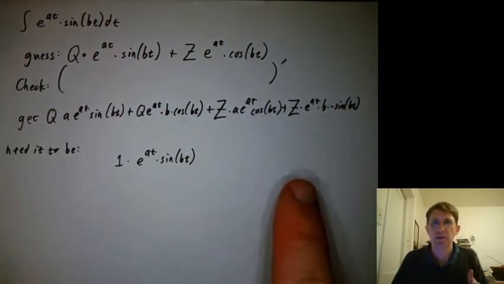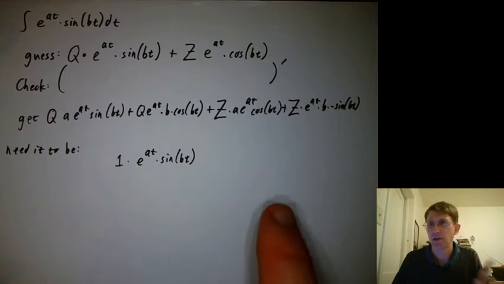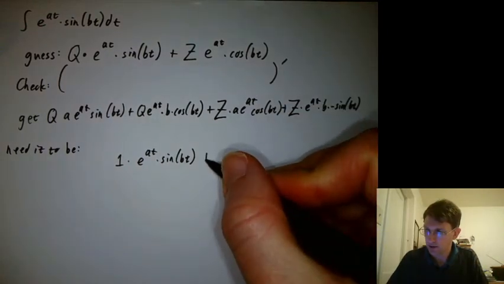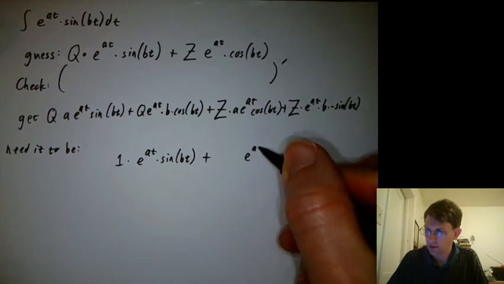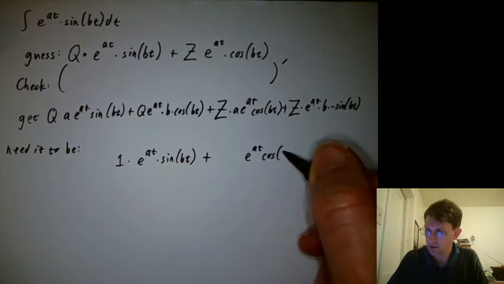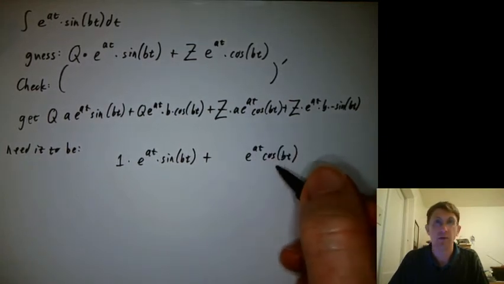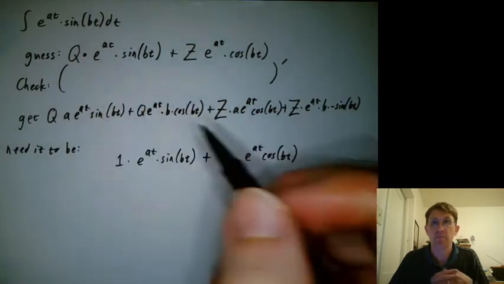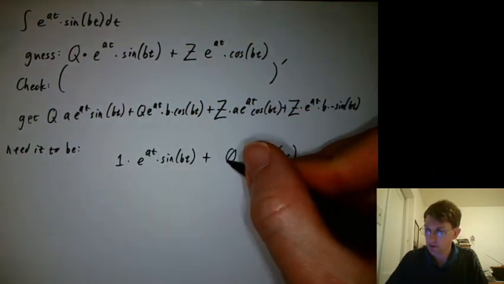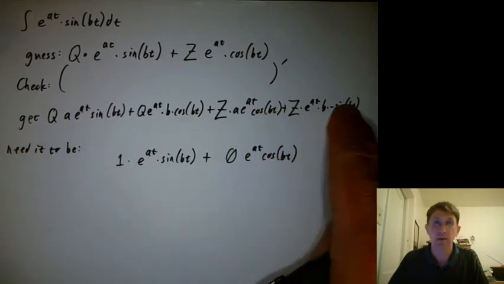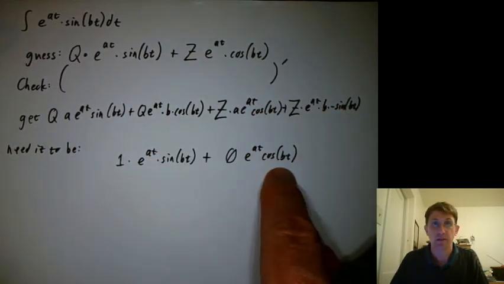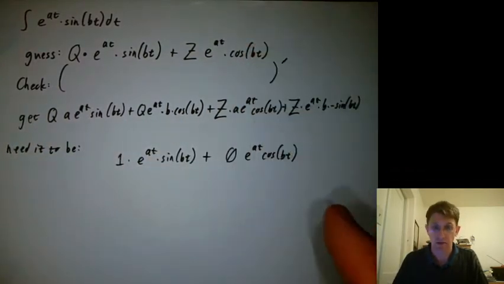What about the cosine stuff? Can I kind of allow that to be there, but not really? Well, I could say plus e to the at cosine bt. How much of those are in my original integrand? 0 of them. So I need this expression to simplify to this for my guess to be correct.